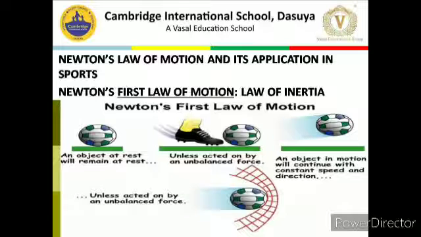You see, when the ball is at a stationary position, the ball is stable. When we pass or kick the ball, automatically the ball will take speed. So it tells us the moving body will continue to move with constant velocity until made to change its speed or direction by an external force.